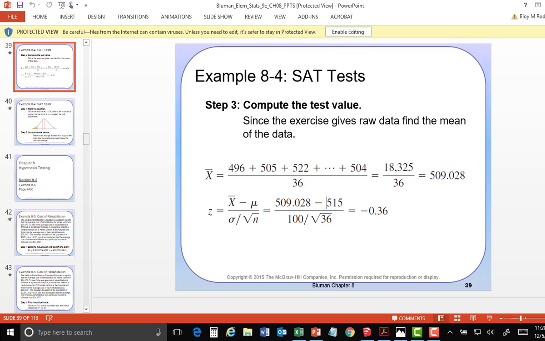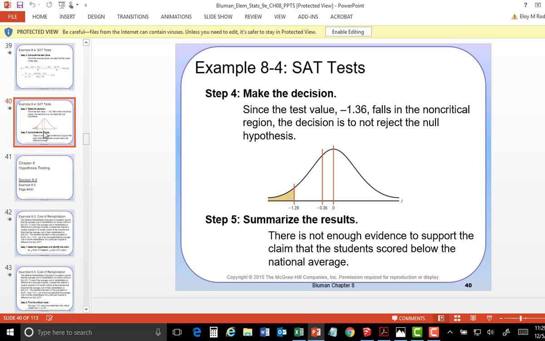Let's see. Okay, so the critical value is minus 1.28, and this is where the test statistic is hitting.